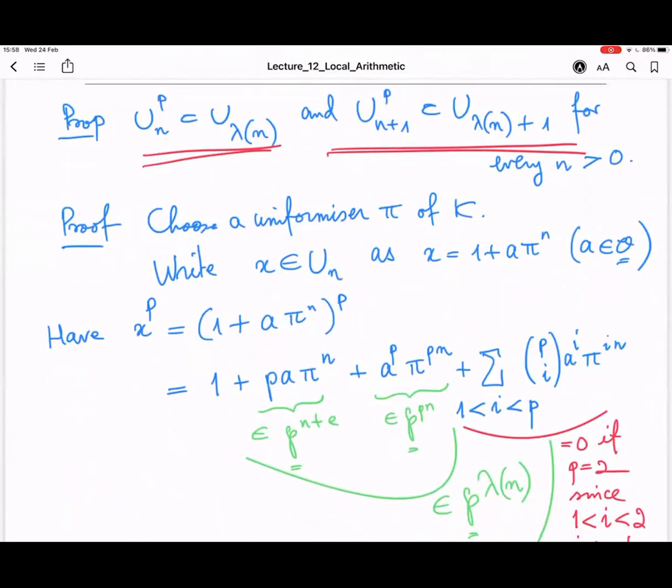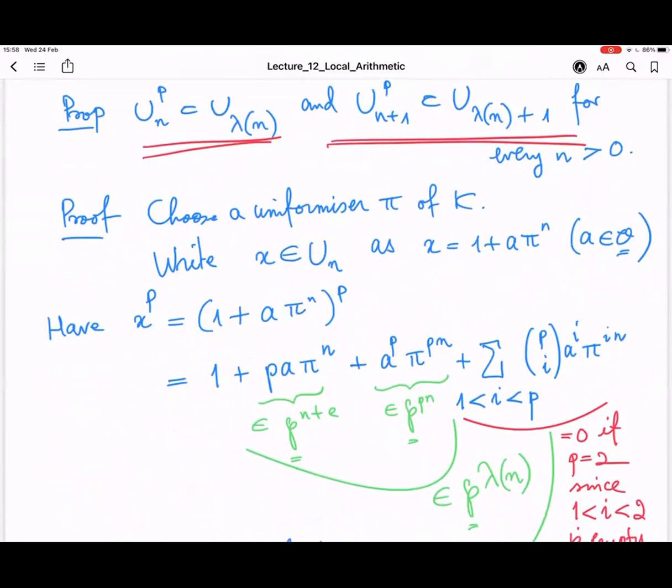So let's look at what these maps do to an element x in U_n. If I choose a uniformizer π, this x can be written as 1 plus a times π to the n, where a is some element of the ring O, right? That's how U_n is defined.